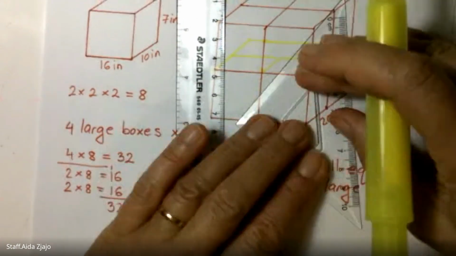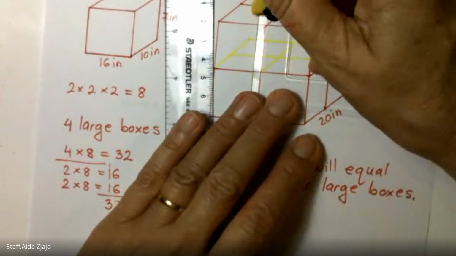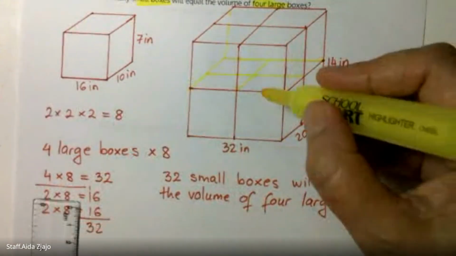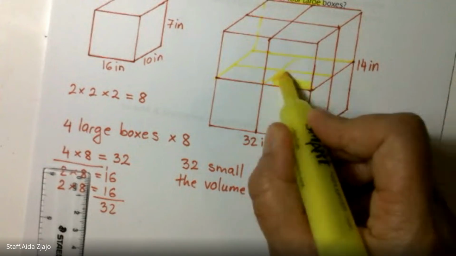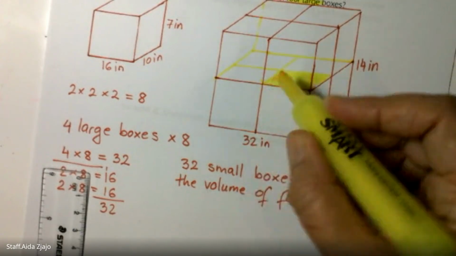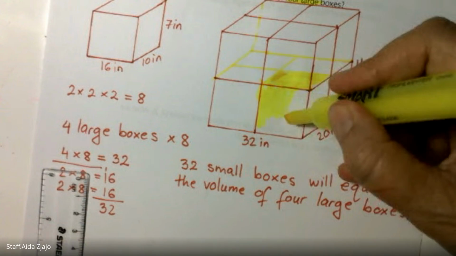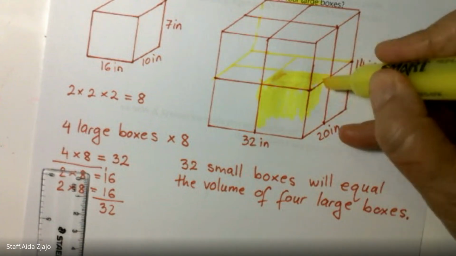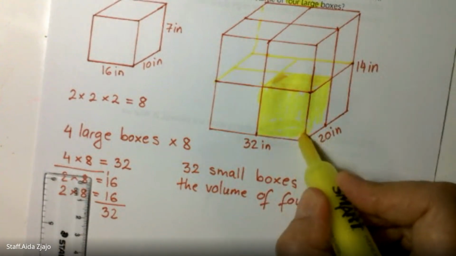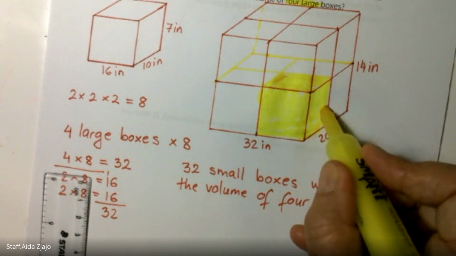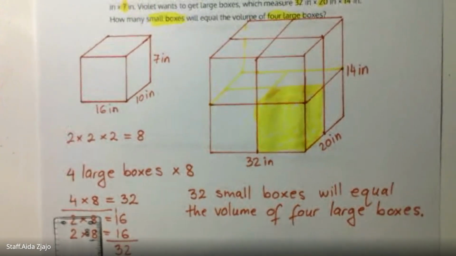So this would represent the bottom layer of this, if you look. And then this is one box, you can even color it if you like. So 8 boxes like this will be in one big box, and 32 will be in 4 boxes like this.